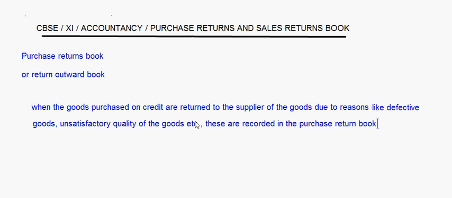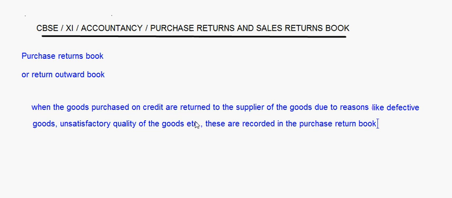We call it a debit note because the party to whom the goods are being returned, their account is debited, right? So that's why it is called a debit note, right?